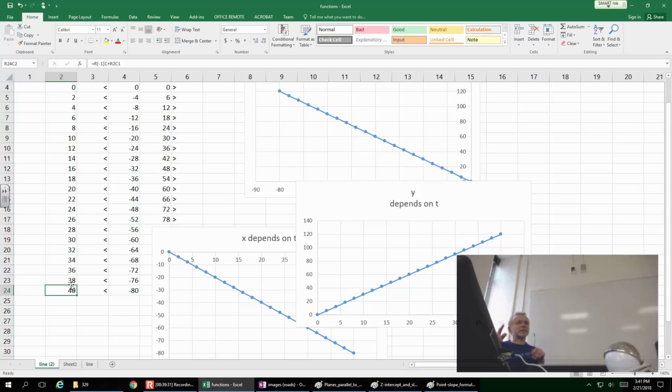No, that's not the right answer. 40 X's, 40 Y's. Adds up to what? 80? It's a trick question, but 40 points.